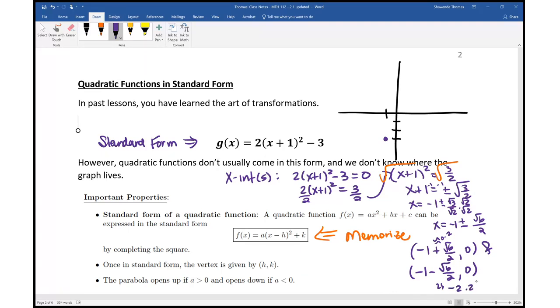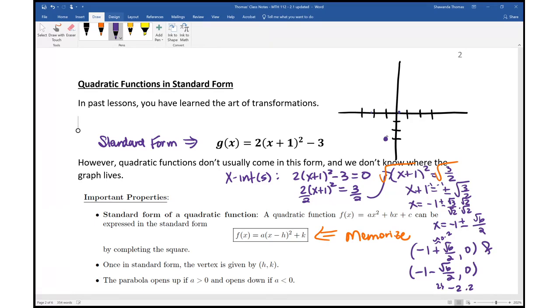So on the graph, if I plot some points here, then 0.2 is somewhere here, and then negative 2.2 is somewhere over here.